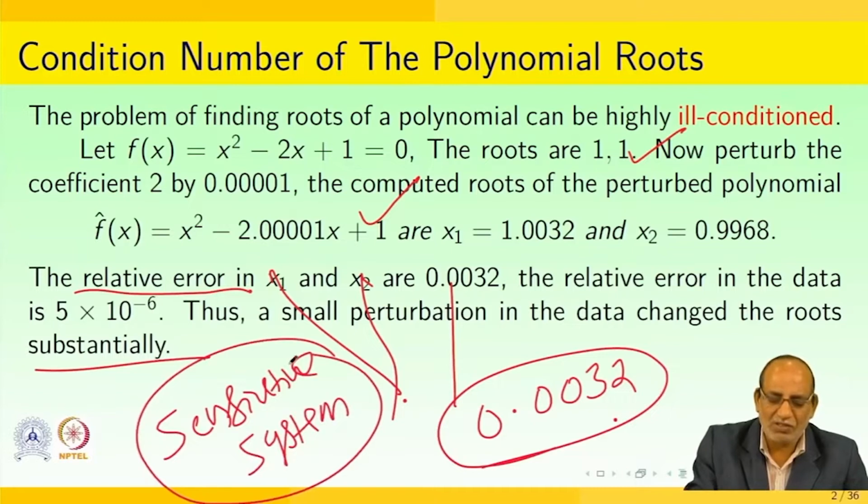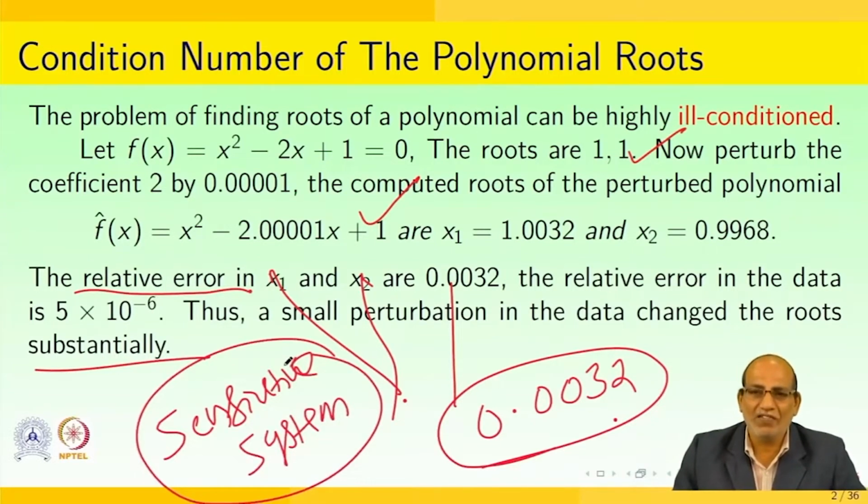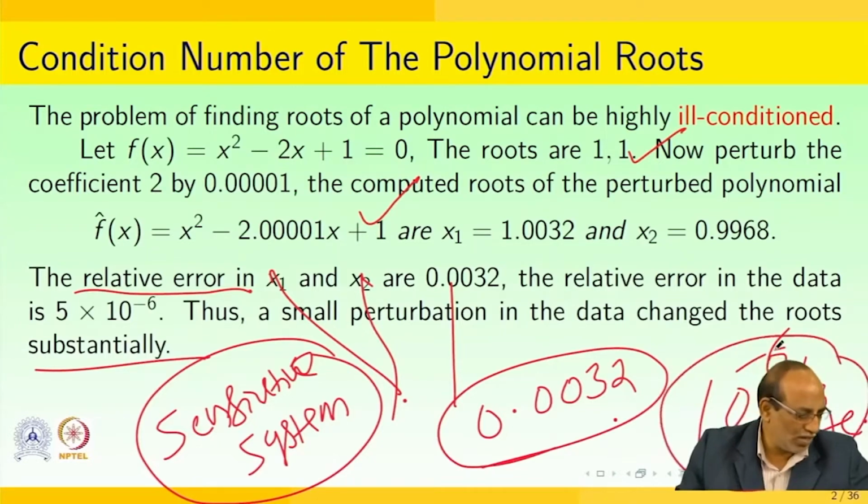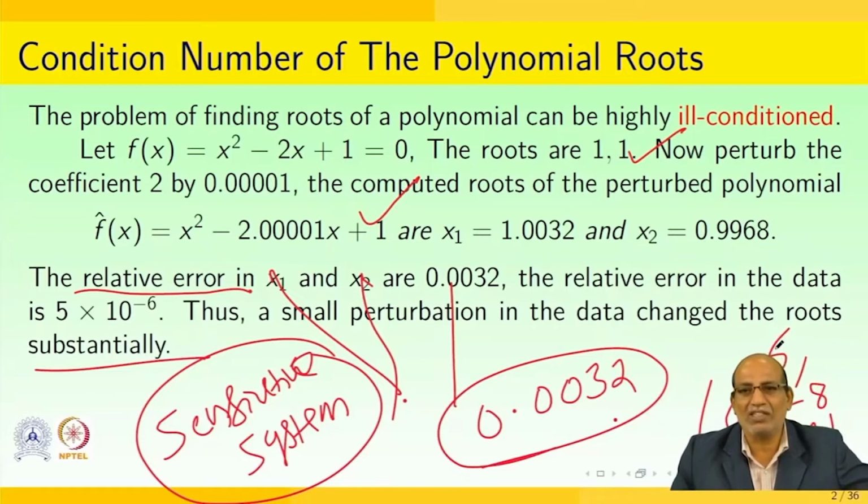If we have a sensitive system, it becomes very difficult to handle. In many realistic situations you do get very sensitive systems, although the changes are very minutely small, maybe 10 power minus 6 or 10 power minus 8, but the system changes substantially. So one should be very careful about how to handle such a system.